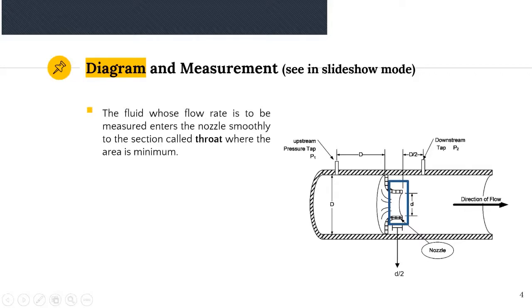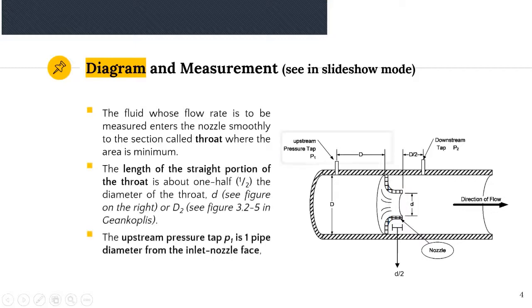The fluid comes from the left-hand side to the right-hand side, passing through the nozzle, which we call a throat. It has a slope on the corner, and then it goes to a straight throat.